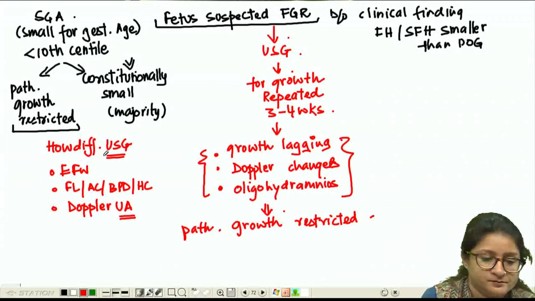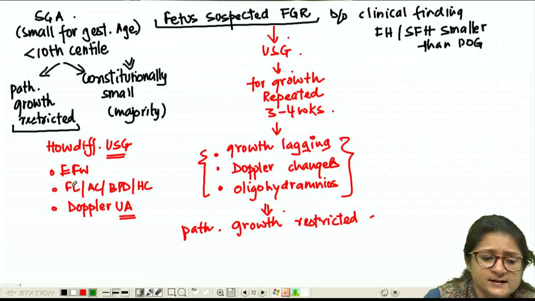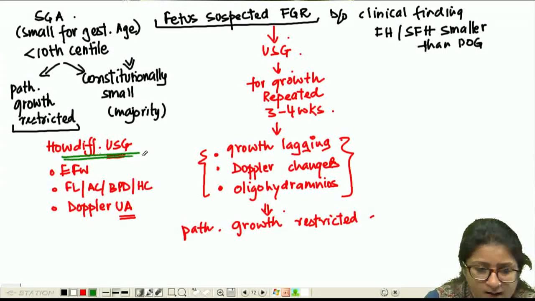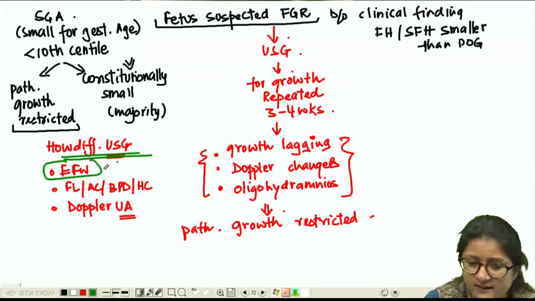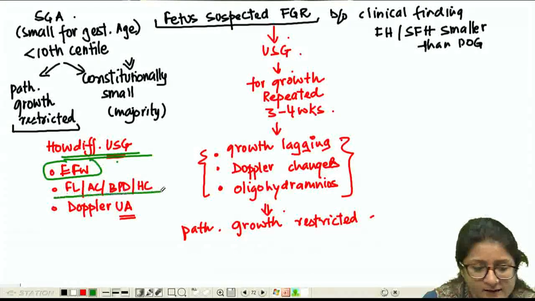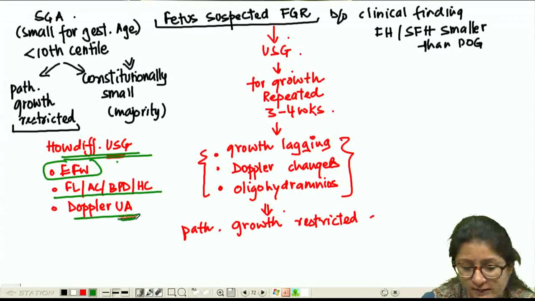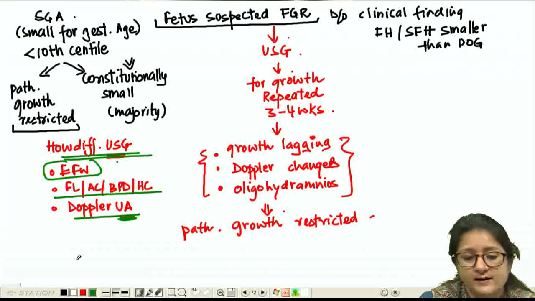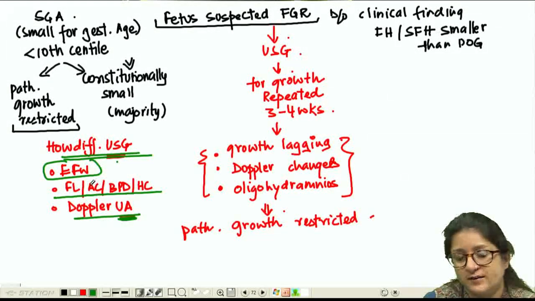Okay. Now, in this ultrasound, we get to know about the estimated fetal weight, the FL, AC and these parameters, and the Doppler, right? So now you have to understand one thing: what is the single best parameter.